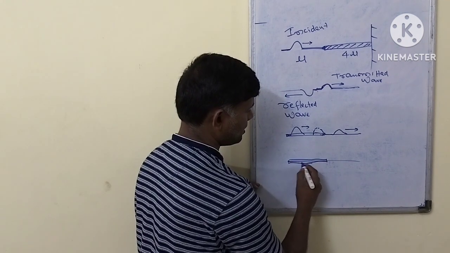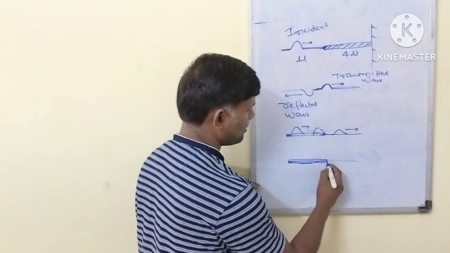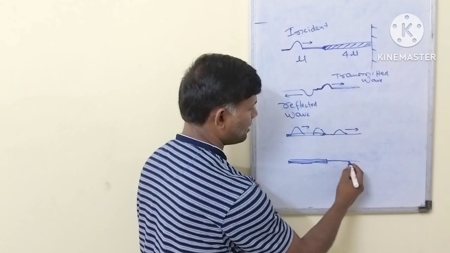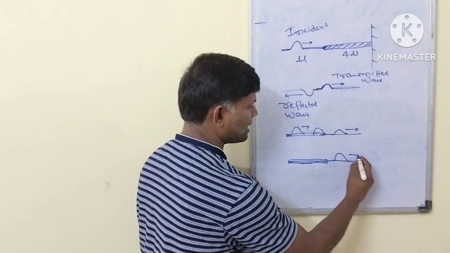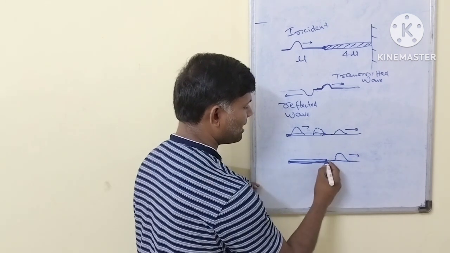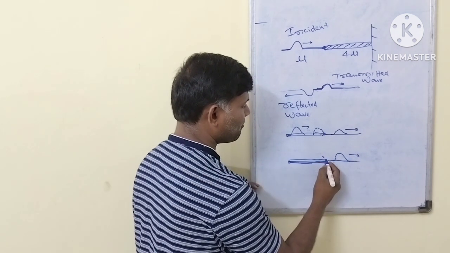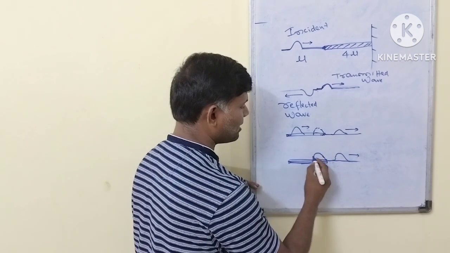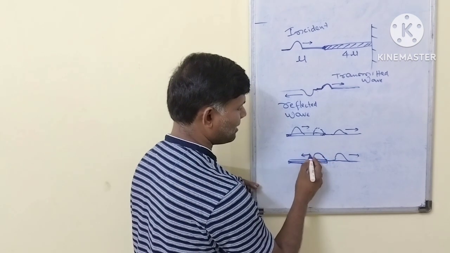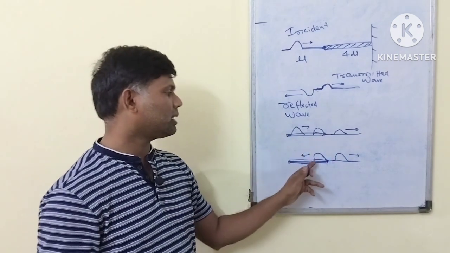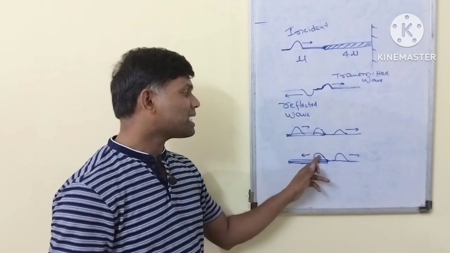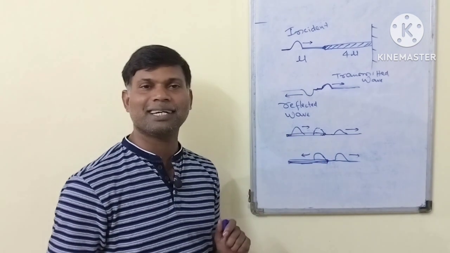If this is denser and this is lighter, the transmitted wave will be in the same phase, and the reflected wave comes back like this. When it reaches the boundary, the reflected wave will be in the same phase compared to the incident wave.